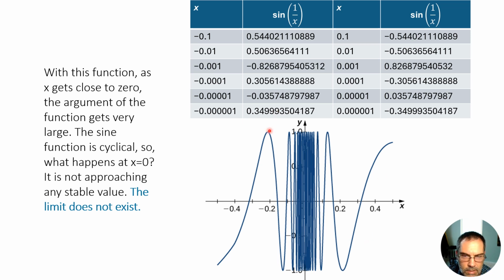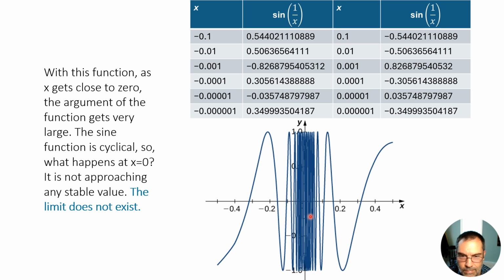Now this graph looks like I should have zoomed in, so I can actually see what's happening at x equals 0, like in previous slides, where we could see what was going on with the picture at that point. But what's happening with this function is that as you get closer and closer to 0, the wiggles just get closer and closer together. And so as you're approaching 0, it's like going to infinity in the regular old sine function.